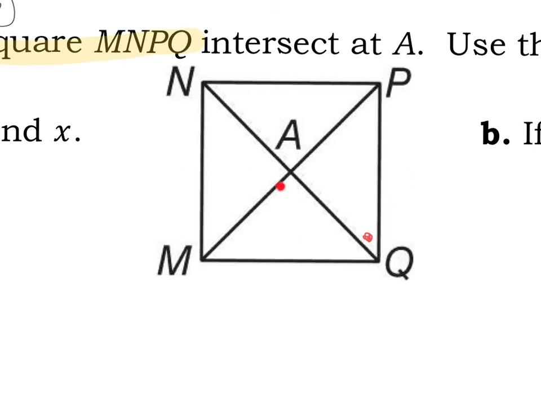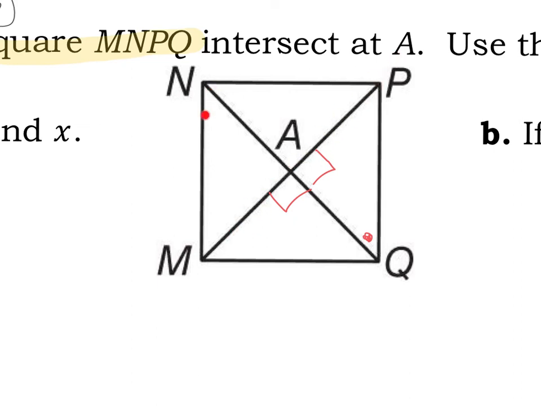So you know, these diagonals cut the square into 4 separate triangles. And remember, a square is also a rhombus, so all these diagonals intersect at right angles. And so you have a 90-degree angle there. And we also know that the diagonals will bisect their opposite angles.